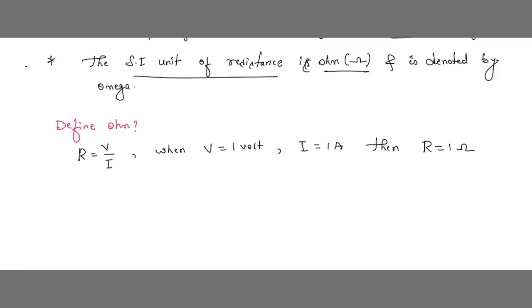So how can you define 1 ohm? 1 ohm is defined as the resistance when 1 volt of potential difference and 1 ampere of current are applied. So we can say that 1 ohm is equals to 1 volt by 1 ampere, that is 1 V by 1 A.